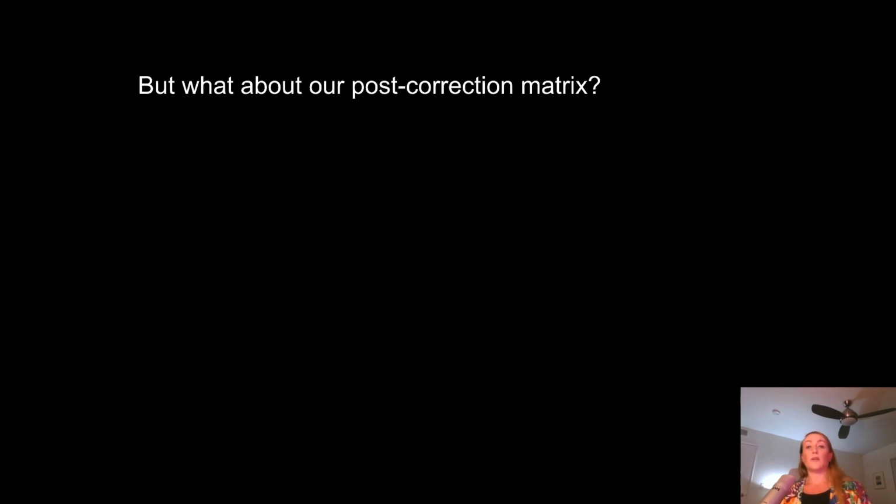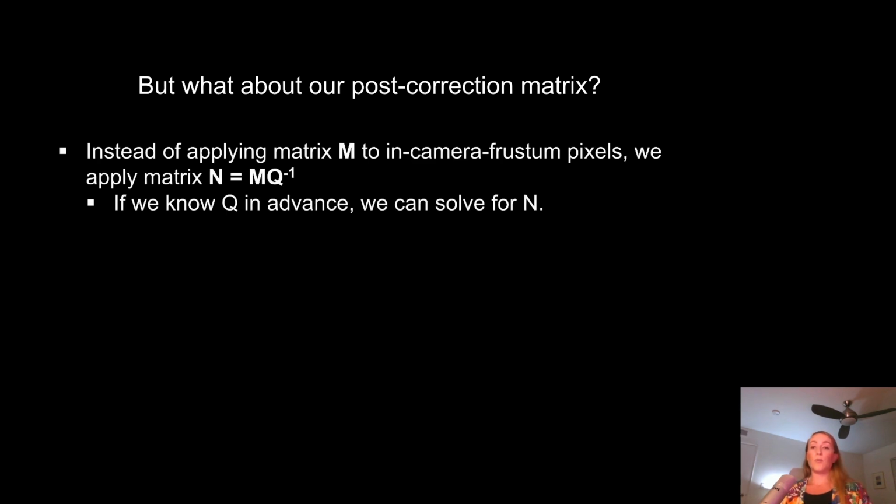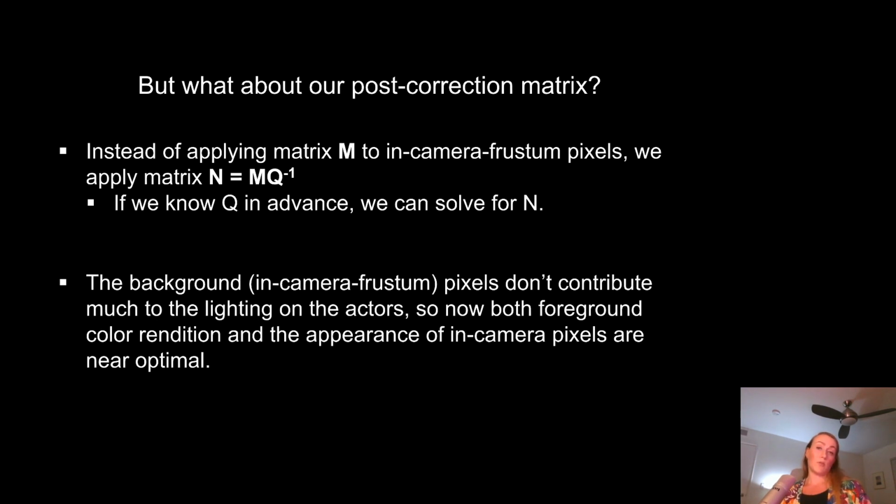So instead of applying our original color calibration matrix M, as in Mary, to in-camera frustum pixels, we're going to apply the matrix N, as in norm, which is the original calibration matrix multiplied by the inverse of the post-correction matrix Q, which you can see the formula for on the slide. If we know Q in advance, then we can solve for N, as in norm. And because the background pixels don't contribute very much towards the actual lighting on the actors, now both the foreground color rendition as well as the appearance of the in-camera background are going to be near optimal.